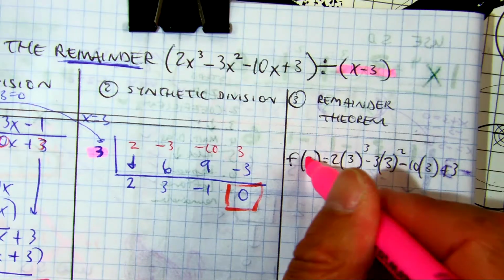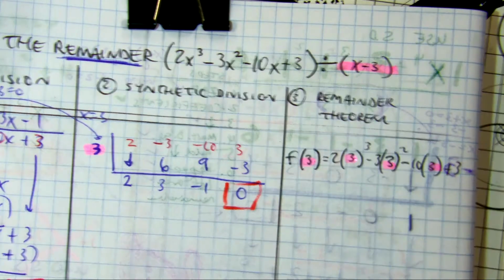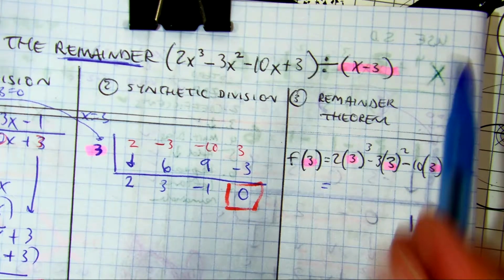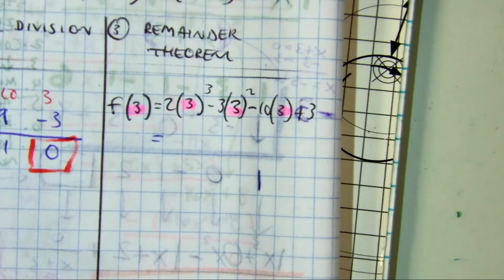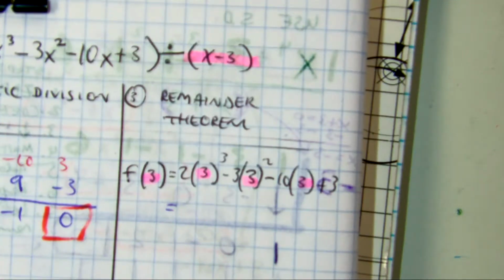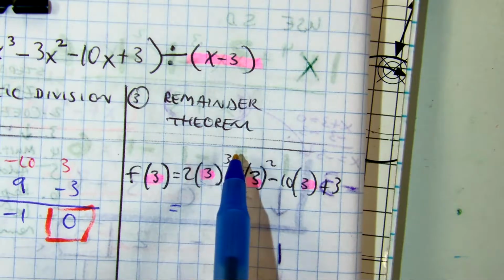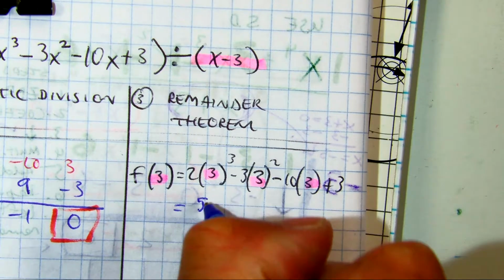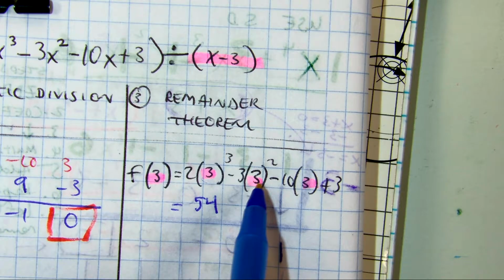So basically, every x value, we're putting in 3. We're going to do our exponents first. So 3 cubed, and 27 times 2. 3 squared times negative 3.